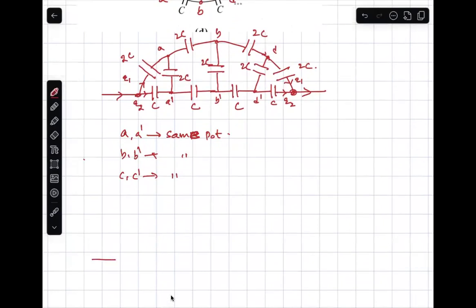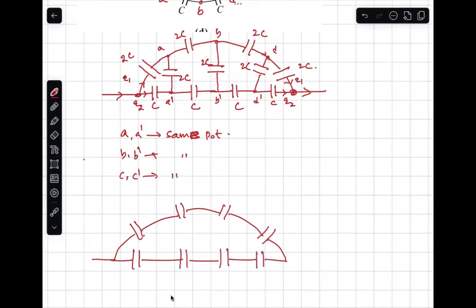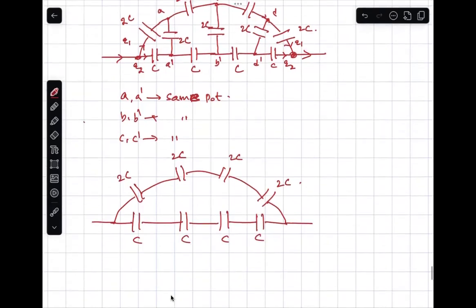Then finally what is going to happen? You will simply have an arrangement like this. How to do that? The entire upper part is 4 2C's in series: 2C by 4, C by 2.